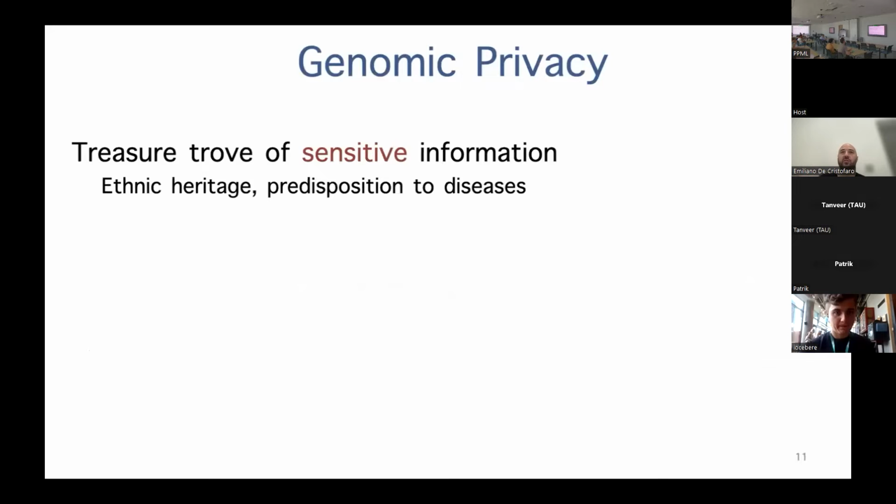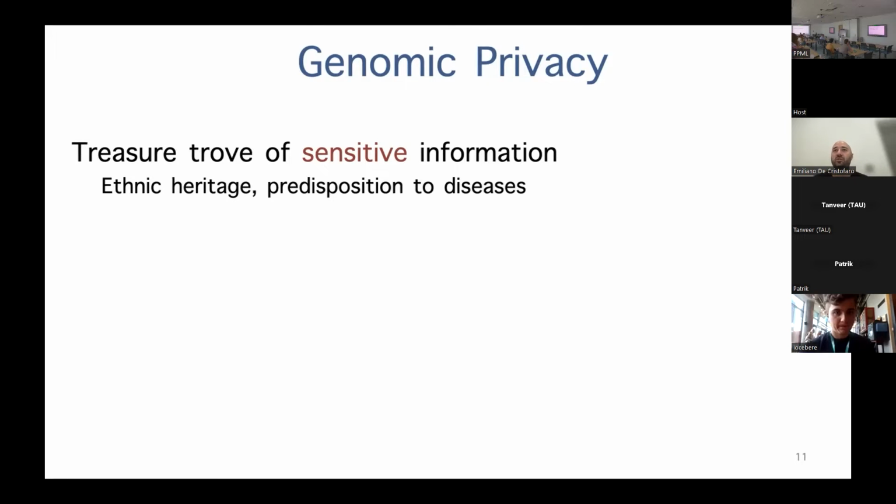So first of all, genomic data is extremely sensitive. It's hard to think about any data that is more sensitive than genomic data. If you get access to my genome, or somebody's genome, you can immediately learn about predisposition to diseases. Some may be very sensitive, like predisposition to Alzheimer's or some kind of cancer, and it's something that you obviously may want to keep private, or in some cases you might fear discrimination.